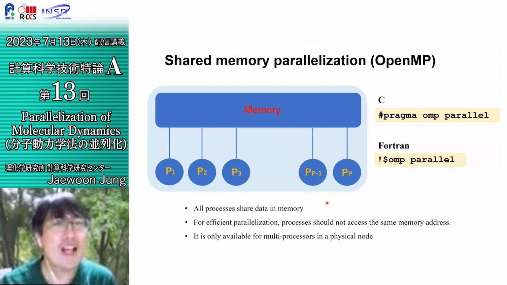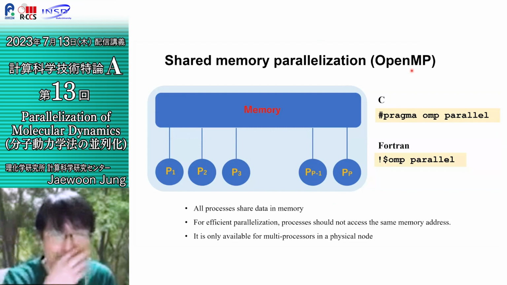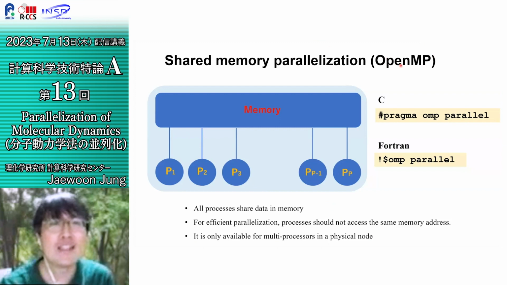Then you can apply this OpenMP parallelization. But if you have 2 nodes that are physically apart, even though they are connected by network, you cannot apply shared memory parallelization. So please keep in mind that shared memory parallelization is only available for multiprocessors in a single node.